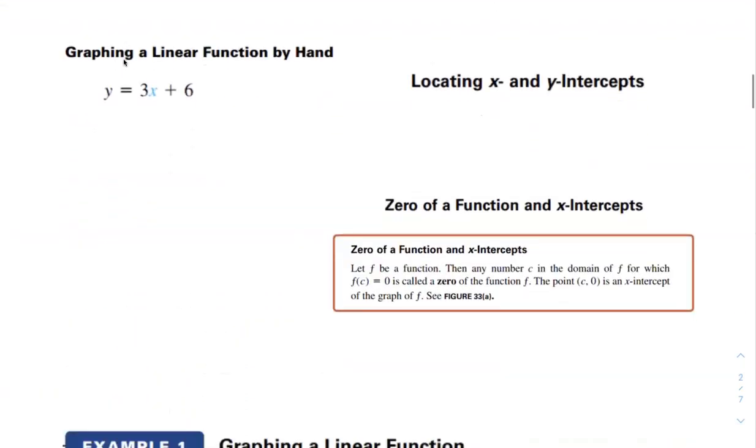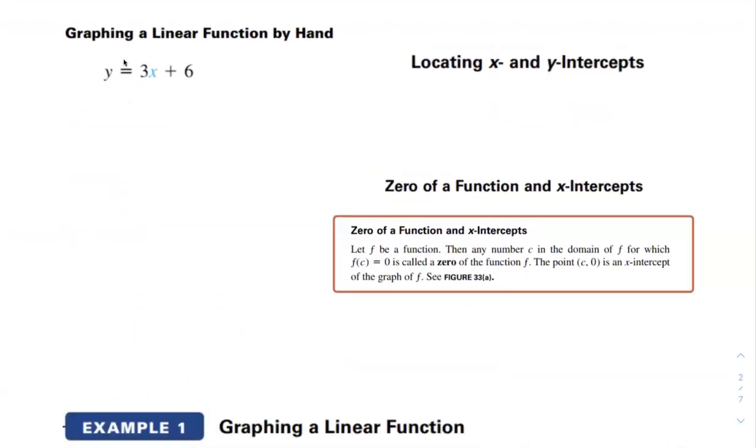Next, let's talk about how to graph a linear function by hand. We're going to go over one way now, and a different way later. For now, the only ways we know to graph this are to make a table or find the x and y intercepts. Let's find the x and y intercepts first. Remember, the way you find the x-intercept is you set y equal to 0. So in my equation, I set 0 equals 3x plus 6 and solve.